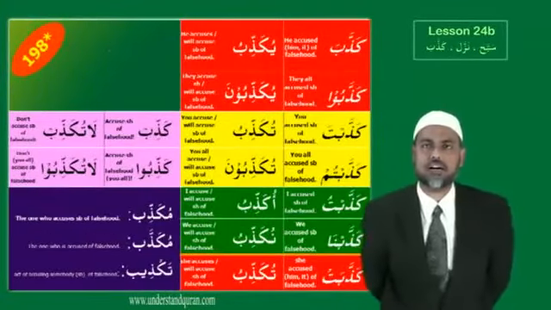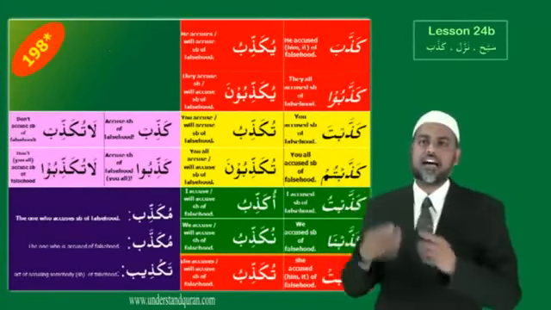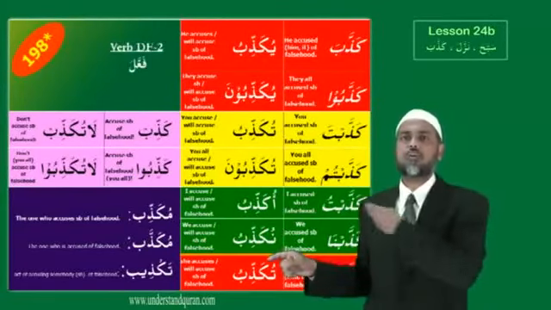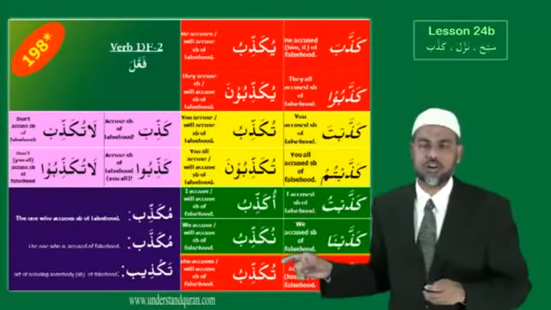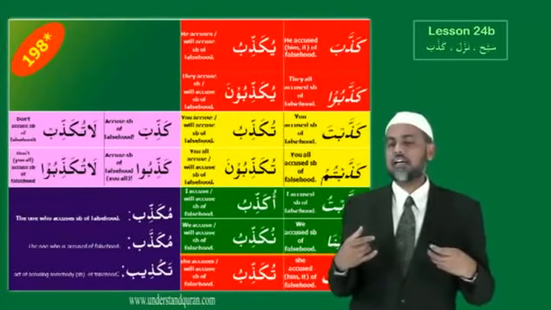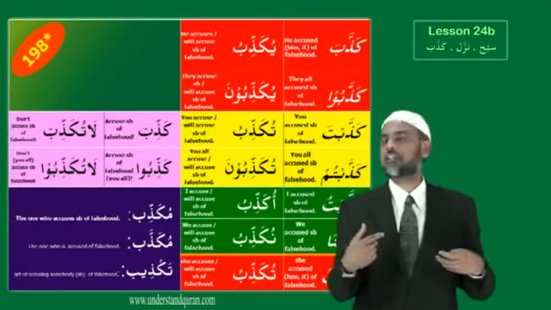Next one is kadhaba. Kadhaba means he lied. Kadhaba also means he accused someone of falsehood, or he denied. Suppose I say I am an accountant, then I am lying because I am not an accountant.